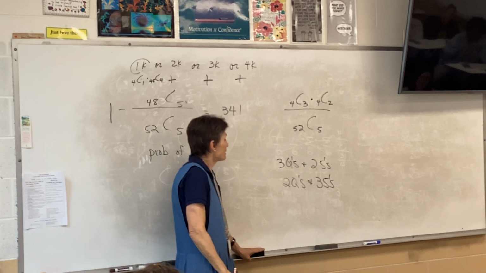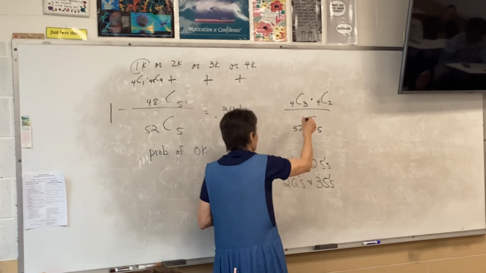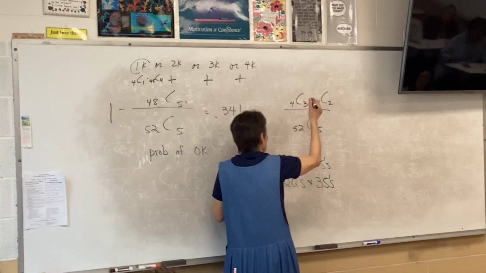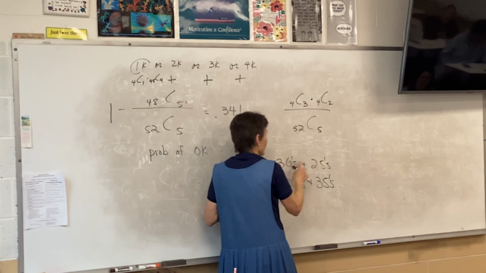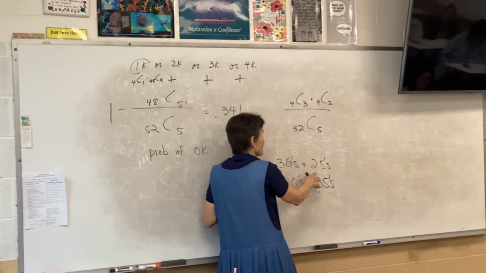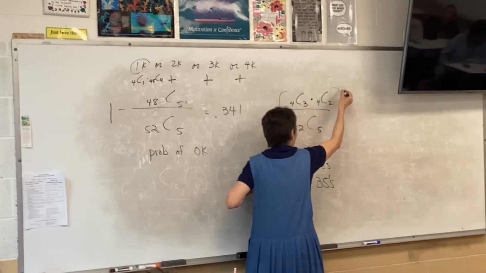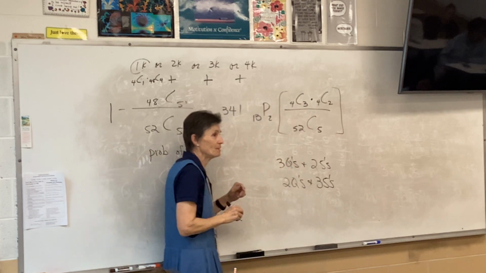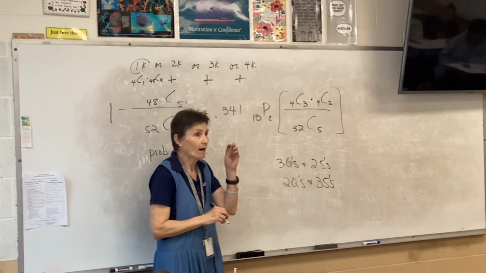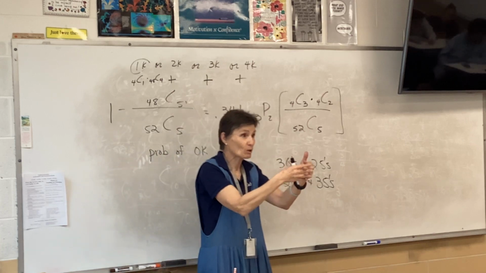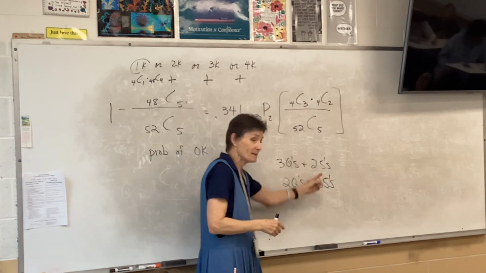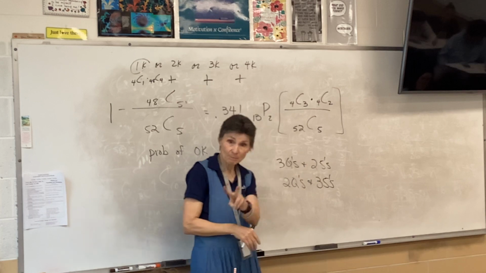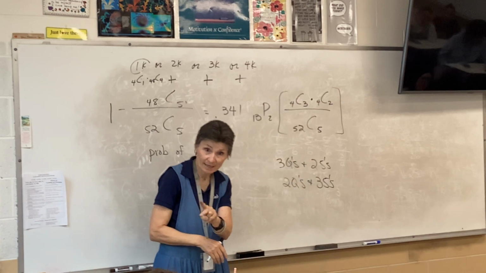Okay, all right. So, this is the specific probability of 3 queens and 2 5s. I am gonna take this and multiply it by 13P2. Because there are 13 different kinds of cards for me to pick, and I have to pick 2 kinds at a time.